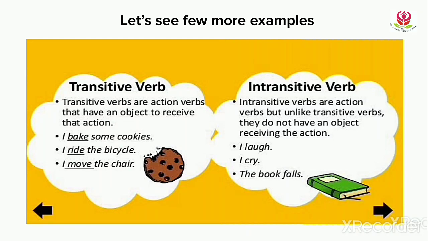I is the subject, bake is the action verb, some cookies is the receiver of an action. Understood? And if I write only I baked, then what will happen? Only the subject and verb are there, but we don't have the receiver of an action, or object. Understood? You can also read and write the next sentences which are given to you.